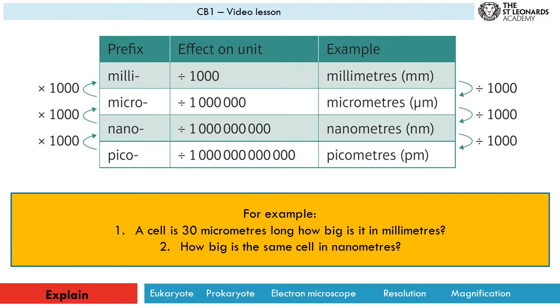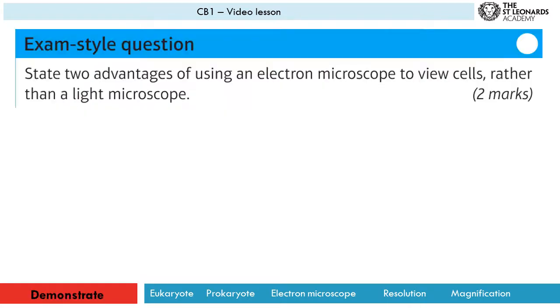So the answer will be 0.03 millimeters. If we look at the same size and work it out in nanometers, we go the other way. We know that there are 1,000 nanometers in a micrometer, therefore we have to times 30 by 1,000, and we'll have 30,000 nanometers, which is equivalent to 30 micrometers or 0.03 millimeters.